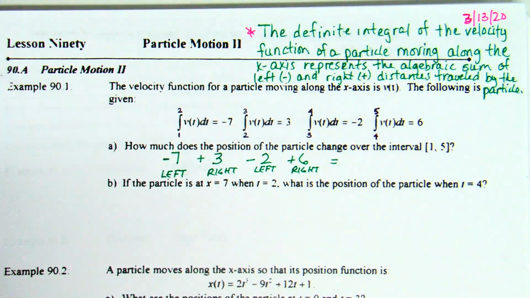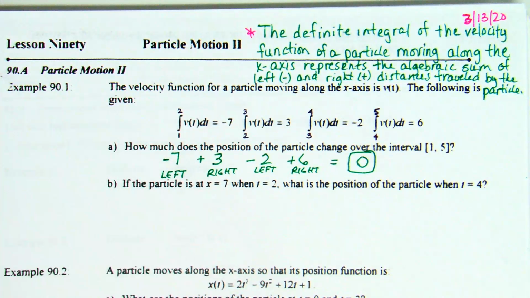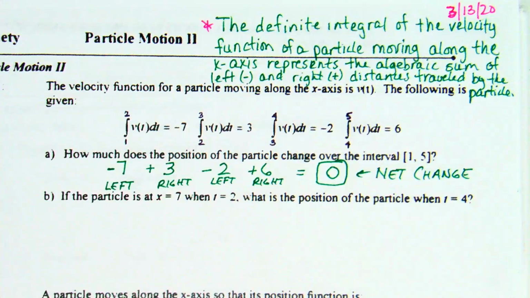What does that 0 mean then? It doesn't change. You moved along the way, but you ended wherever you started. A word that I have written in here is net change. We have a net change of 0, meaning overall we changed by nothing.